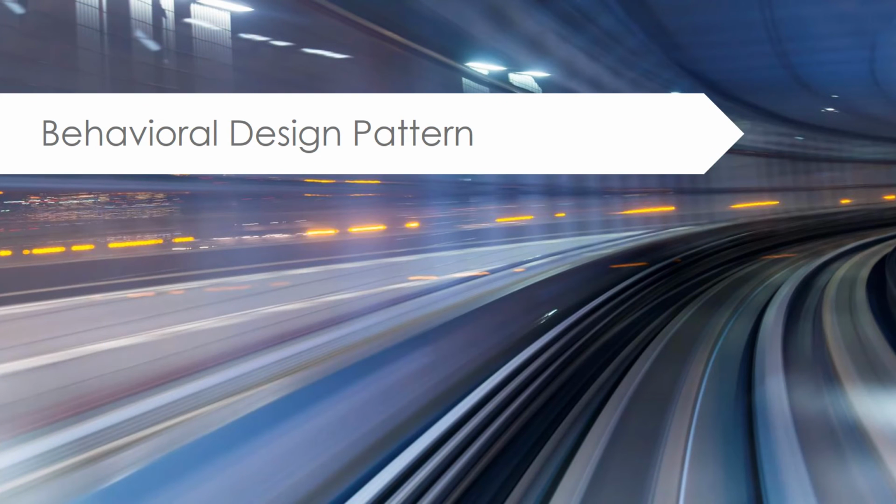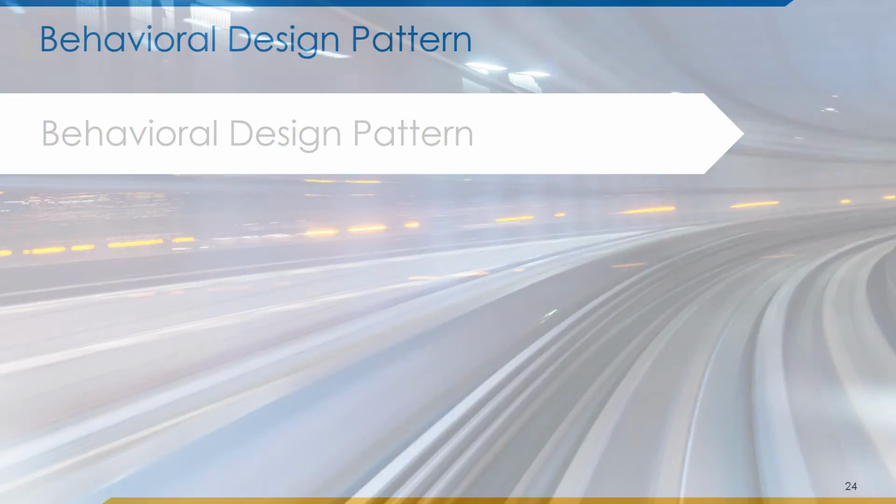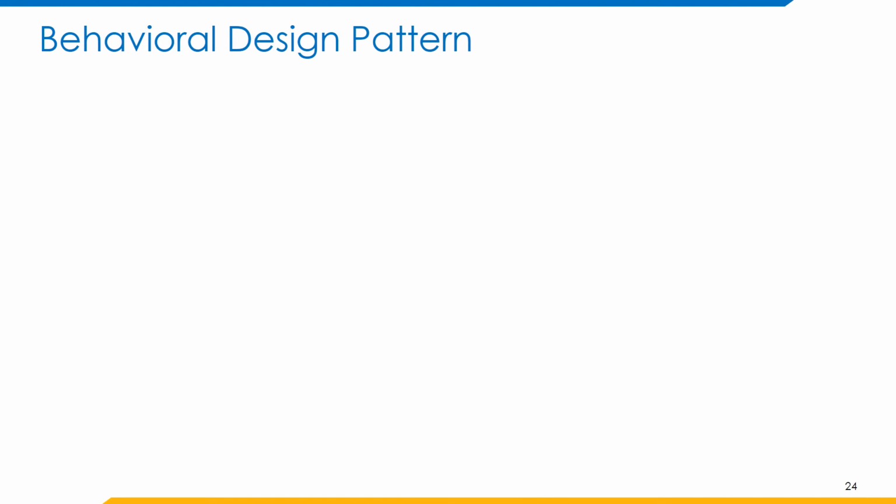Let's start with another category of design pattern, that is behavioral design pattern, which is related to the object communication process. It means in this category of design pattern we will discuss the problems related to the object communication process and how to resolve those problems.